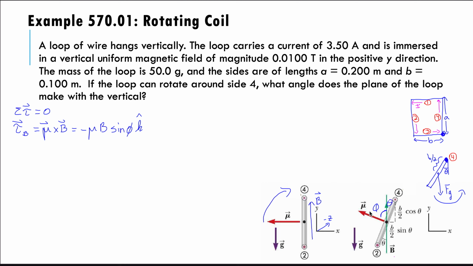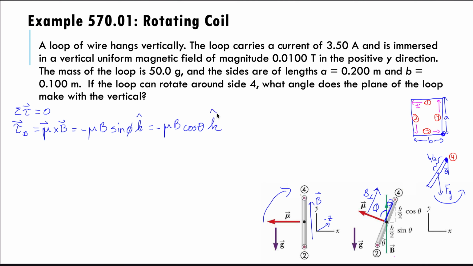If we want to find the sine of phi, which is the same thing as finding the component of B that is going to be perpendicular to the magnetic moment, that's sine of phi, the opposite side. That side is adjacent to theta. So we can say that sine of phi is cosine of theta. That way everything is in terms of theta.